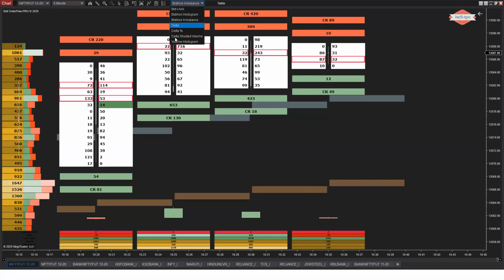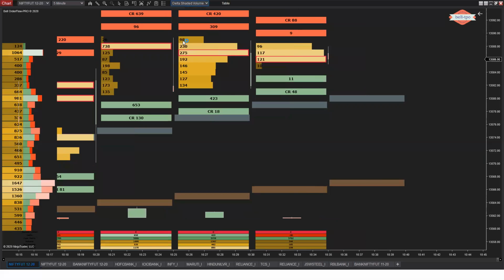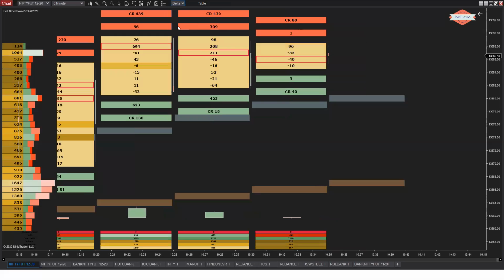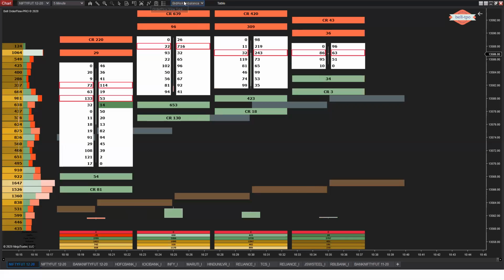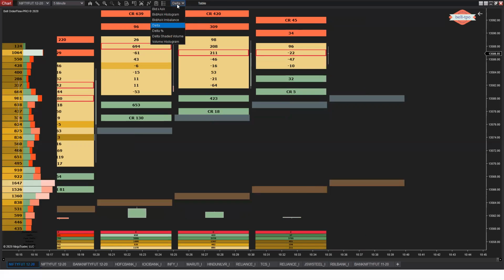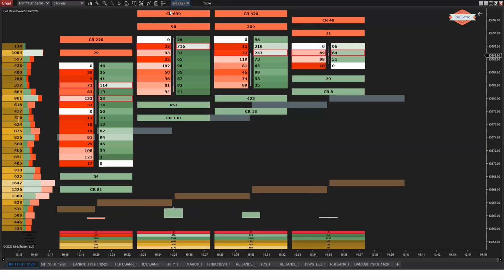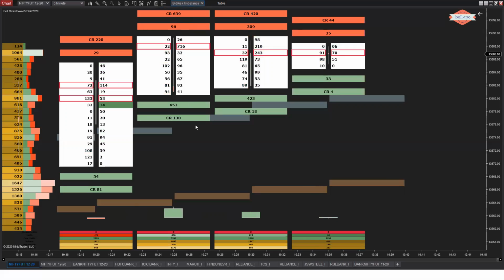And of course, there are a lot of variants: delta shaded volume, volume histograms, and delta. Which I'll be using primarily, I'll be using bid and ask imbalance, and I'll be using delta most of the time. The bid and ask is the default ladder, but I am very fond of using bid and ask imbalance because I am more of a stacked momentum trader, predominantly to track institutional unwinding or institutional positioning.